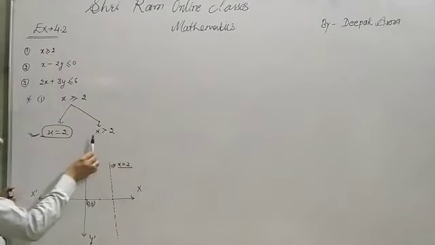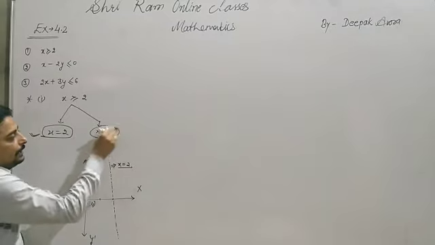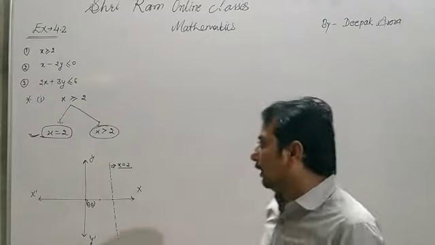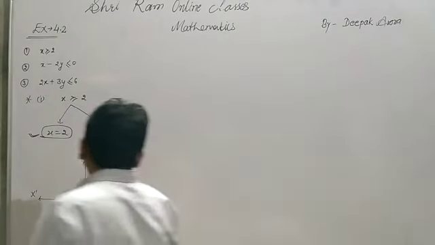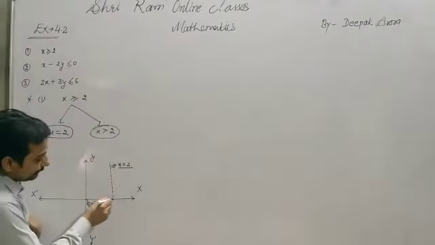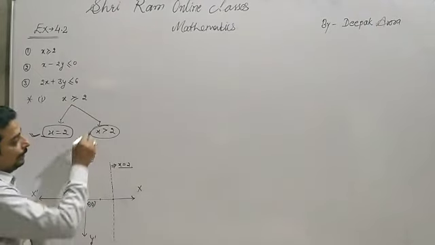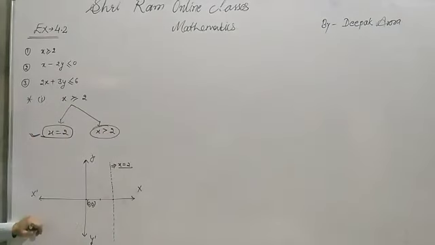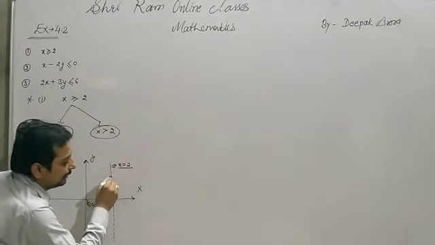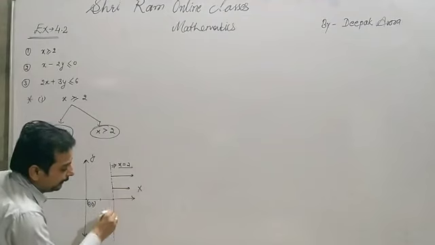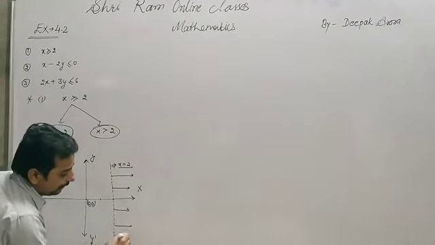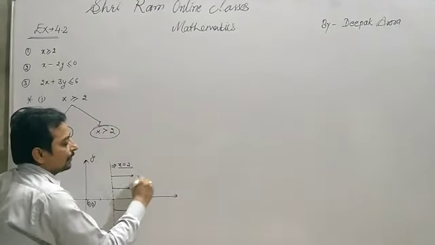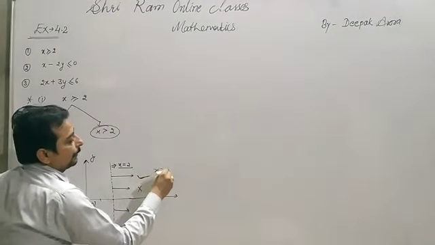Now we check the area for x greater than 2. Where x is greater than 2, the area will be to the right of the line, because all values of x in that area are also greater than 2.